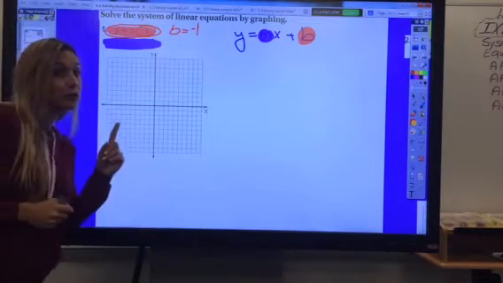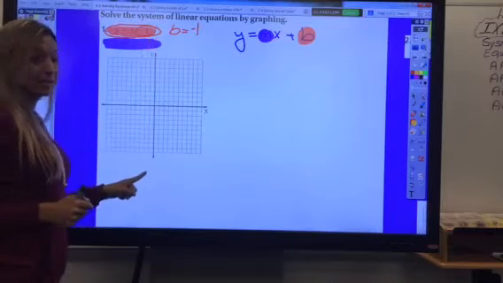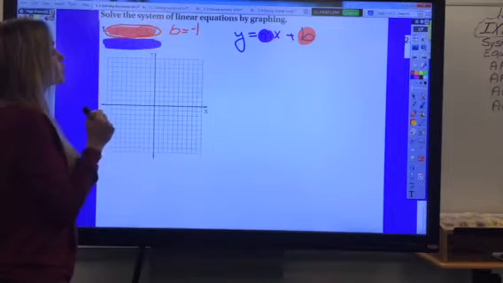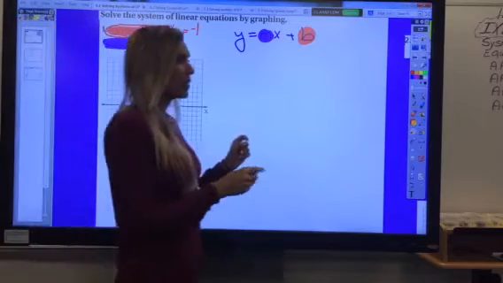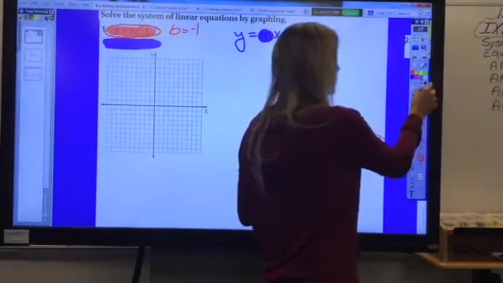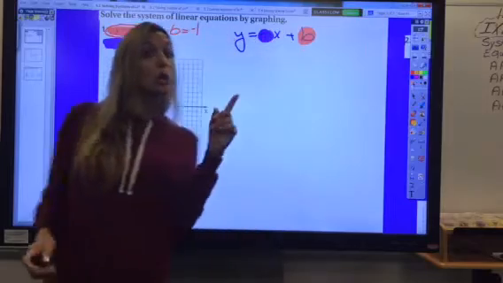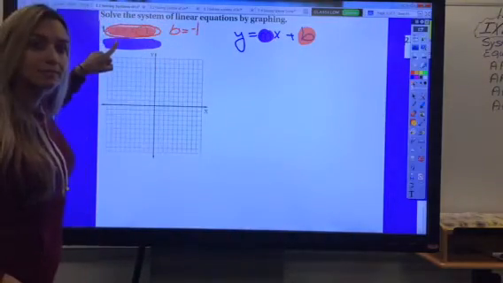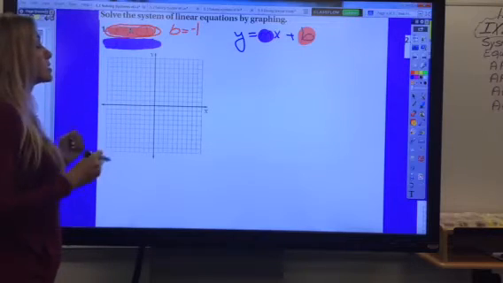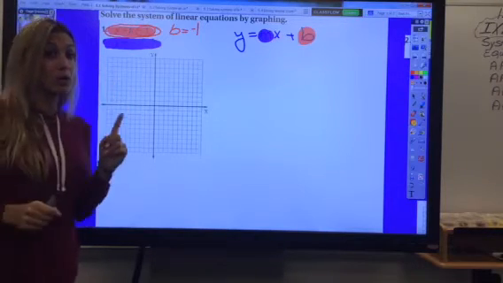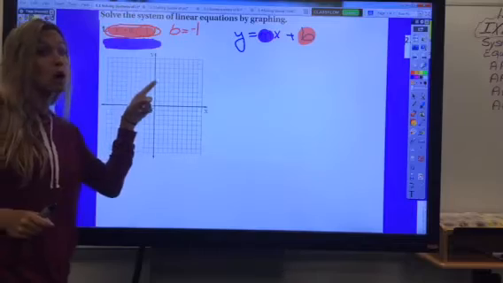That is going to be my first point on the y-axis. And then I have to look for slope. Well, slope is the number before the x. And right now, I do not see any numbers in front of the x. However, I know I see how many x's? 1, right? This is indeed 1x. So even though I don't see the 1 in front of it, I know it is 1.